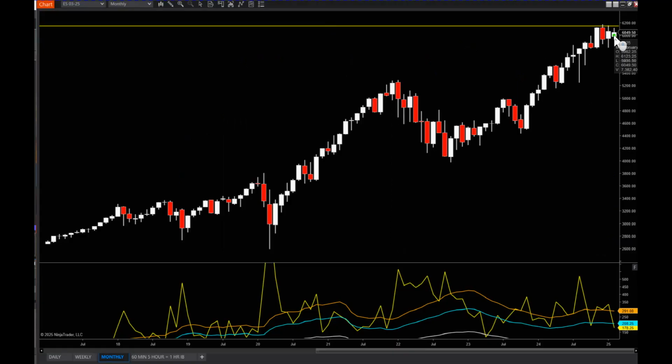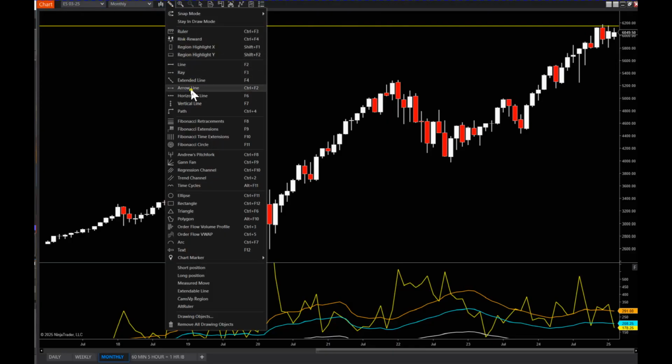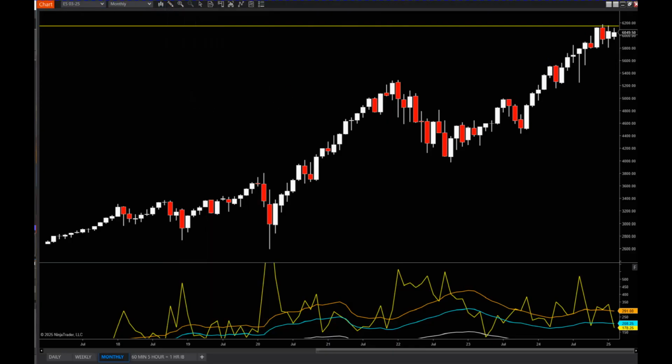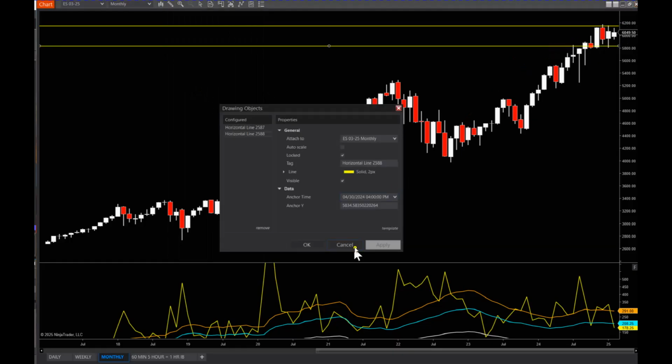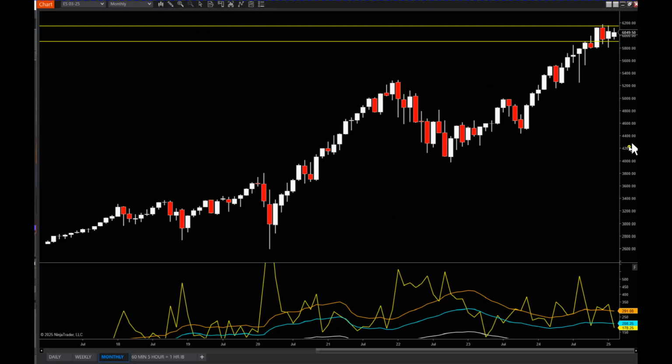The low is 59.35.50. If we subtract 30 points from that, it would be 59.05.50. Okay. If we hit that, it could be an inflection back up.